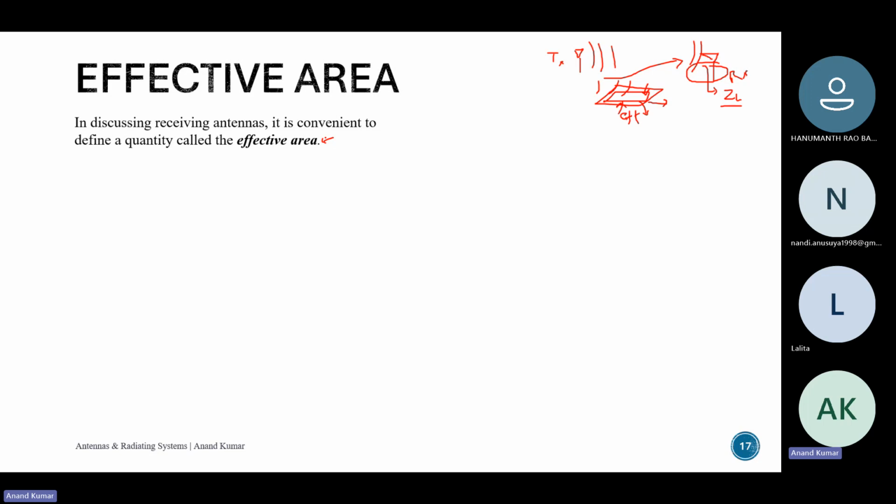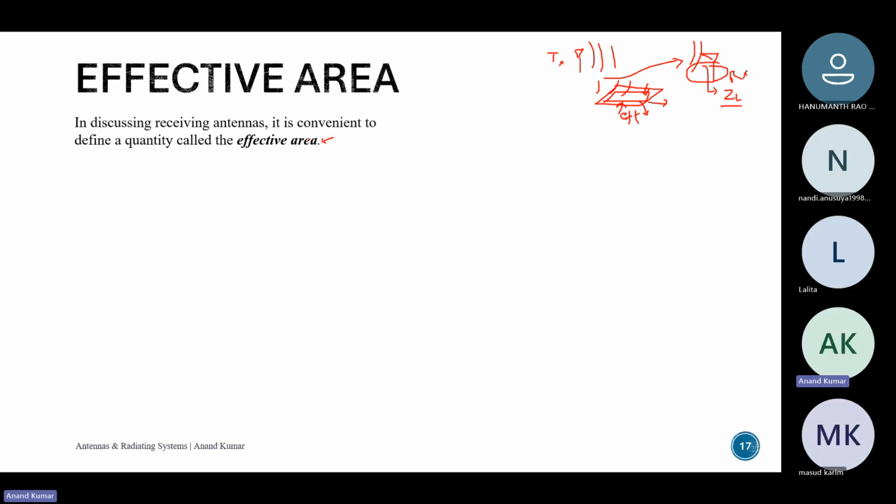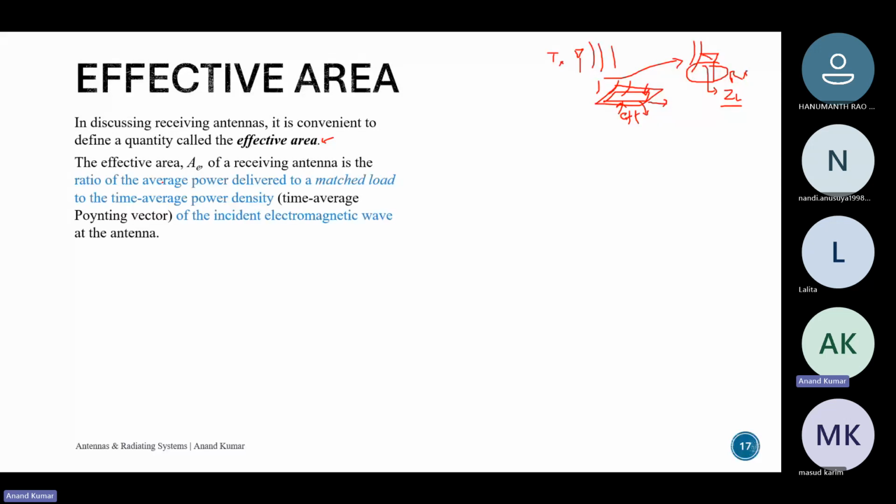So some portion of it is received, and hence we define a term known as the effective area, which gives us the value which is the actual area of the antenna which is receiving. So let's continue our discussion.